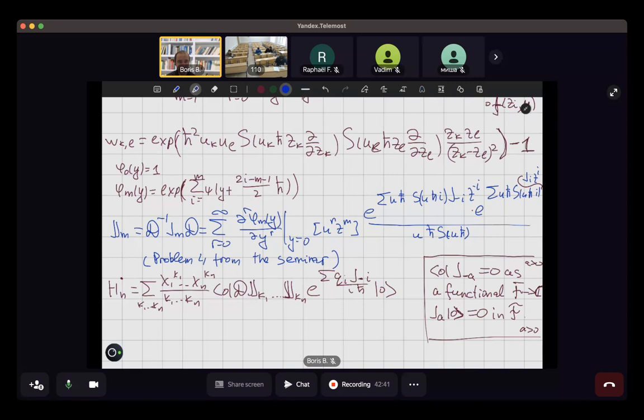And we can expand this power series in the basis of Schur functions. So we have a linear combination with some coefficients of Schur functions, and this D operator is a linear operator diagonal in this basis of Schur functions.